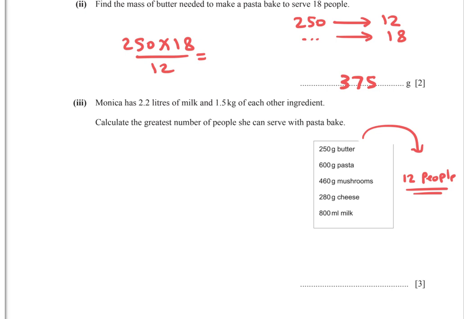Part C. Monica has 2.2 liters of milk and 1.5 kg of each other ingredient. Calculate the greatest number of people she can serve with pasta bake. So now we have 1.5 kg from each ingredient. So 1.5 times 1000, this means we have 1500 grams from each ingredient.